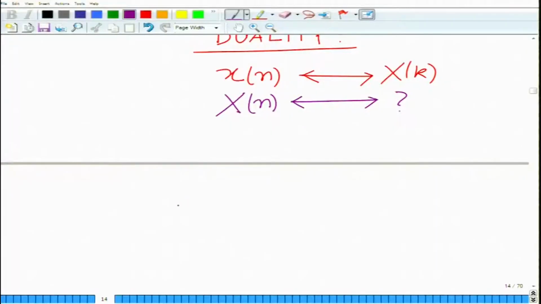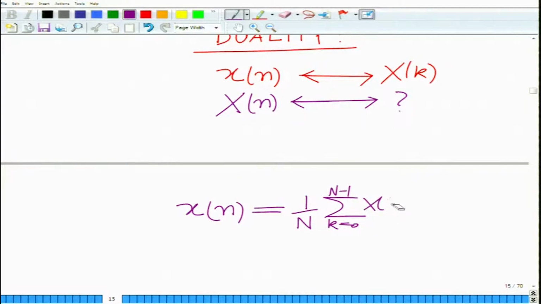And that is also fairly easy to see. You just write small x of n using the inverse DFT as 1 over N summation k equal to 0 to N minus 1 X of k W N to the power of minus k n.